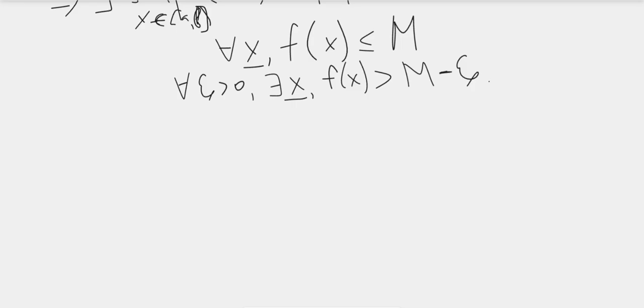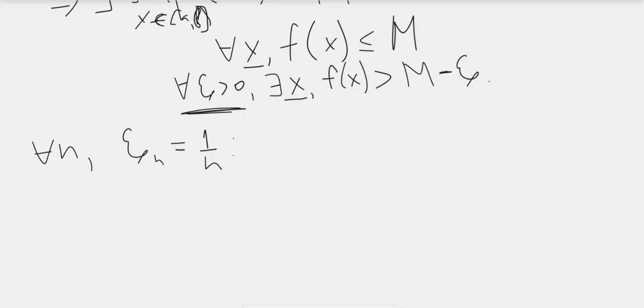From this we construct a sequence. Since it's for any epsilon, we consider a sequence of epsilon that converges to 0. Let's consider epsilon n equal to 1 over n. It doesn't matter, we can consider any other sequence converging to 0.